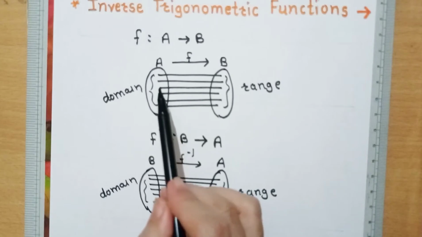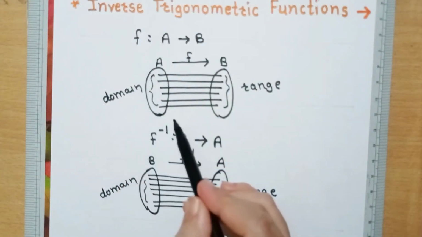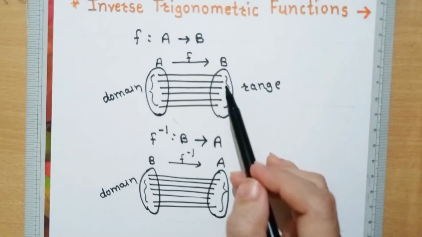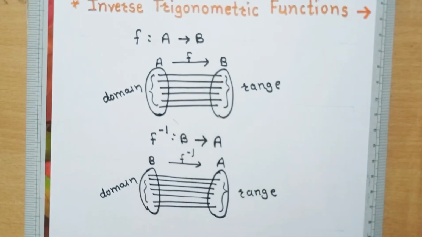So we can understand A set, the domain of function f, is the range of f inverse, and this B set, which is the range of f, is the domain of f inverse.